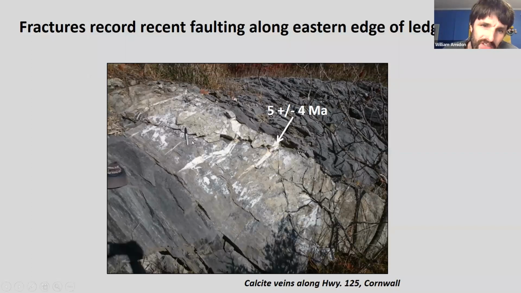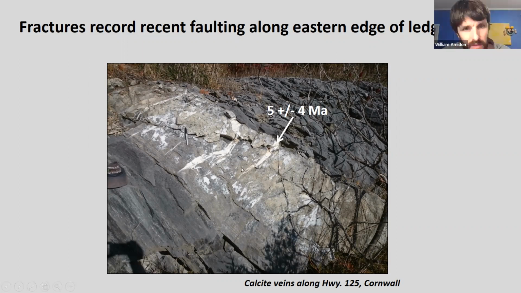This is a dolostone bed, which is exposed on the north side of Highway 125. If you're going west on 125, right as you start going down the big hill into the Lemon Fair Valley, look to your right and you'll see this bed exposed with these fractures filled with calcite.